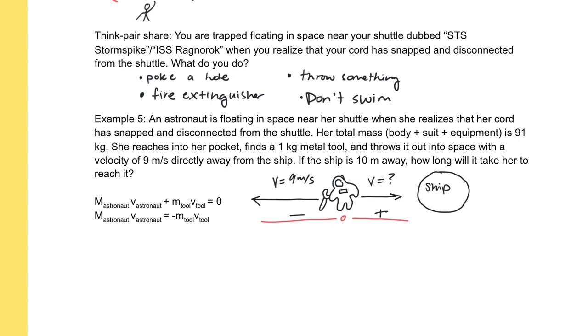So that means we're going to use this equation. We have our total momentum before equal to momentum after. Momentum before is going to be the total momentum of the wrench and the astronaut.